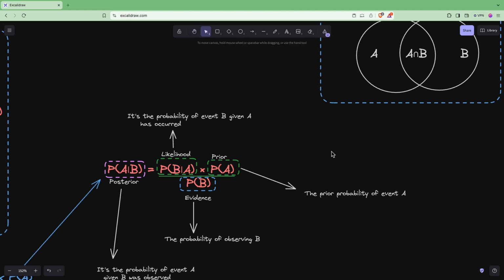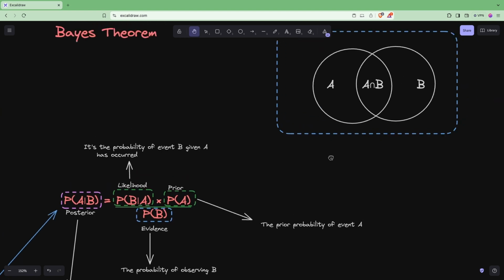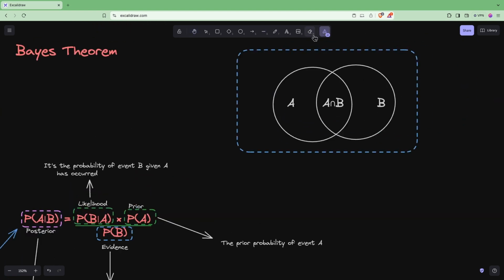Once an event has occurred, suppose that B has occurred, then the probability of the whole event will be different. If we were wondering what is the probability of A when B has not occurred, then the probability of A would be different.